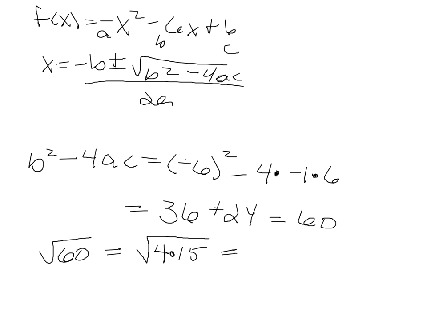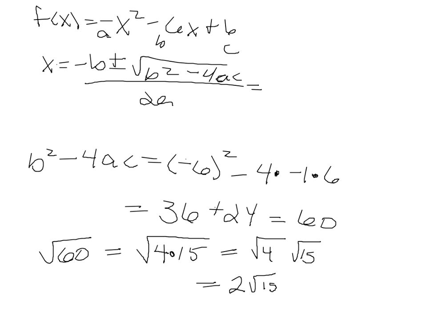So I write 60 in terms of a square number like 4 times 15. Now each factor can have the square root. So I get 2, the square root of 4 is 2. I get 2 times the square root of 15.